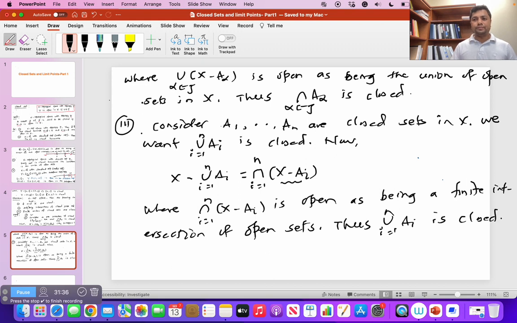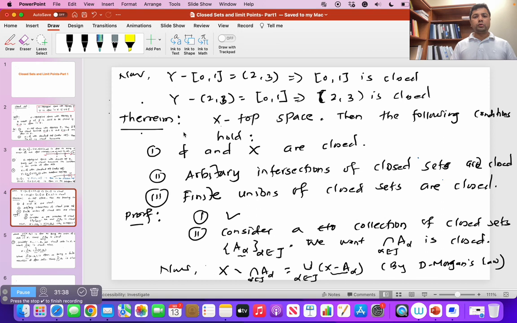Now we have just proved those three conditions in a topological space. The first one, the empty set and the whole set are closed; the arbitrary intersection of closed sets is closed; the finite union of closed sets is closed. These three conditions are true.